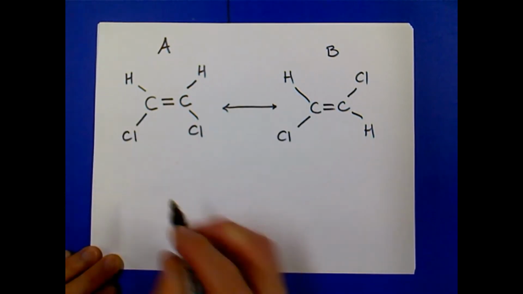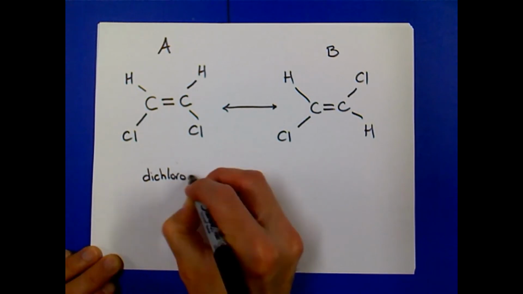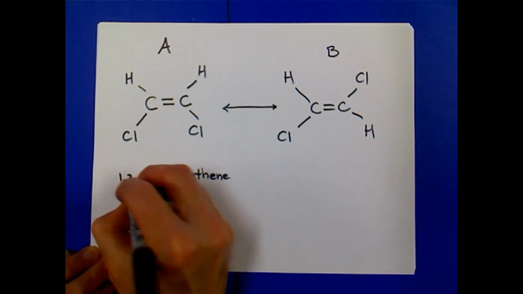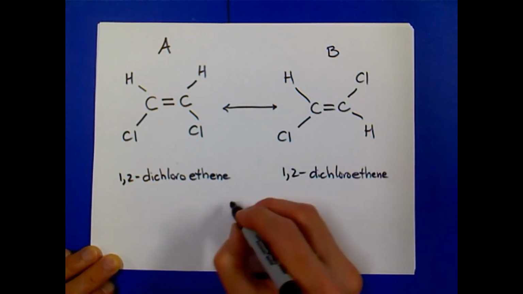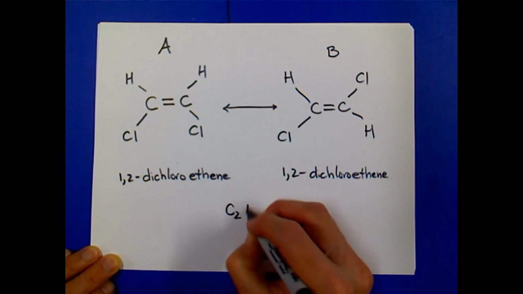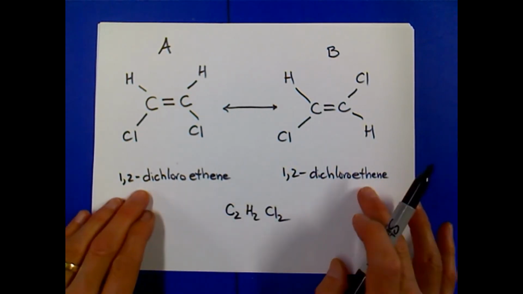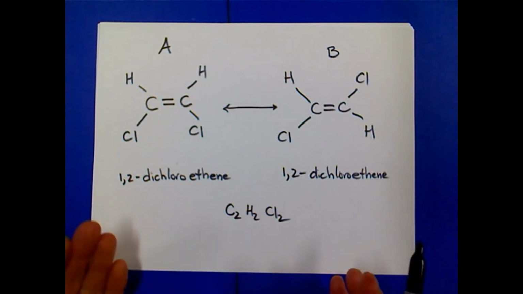Now, we could call them both dichloroethene. Actually, we'd have to call it 1,2-dichloroethene, both of which have the formula C2H2Cl2. So in this sense, they have the same name and the same chemical structure. Well, that can't be because they're different things.